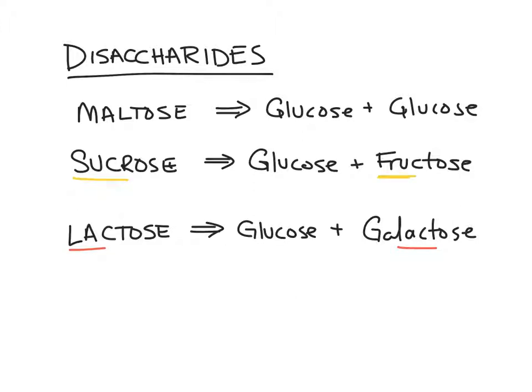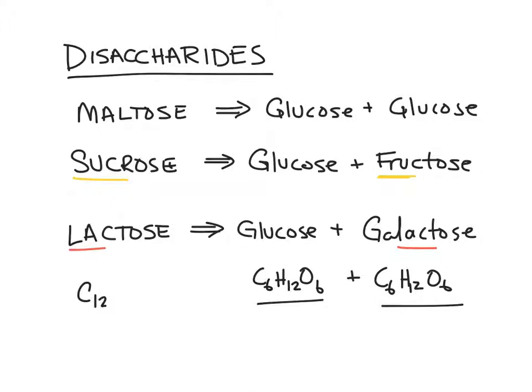Remember, all of the monomers are C6H12O6. So if I wrote it as this, you wouldn't be able to tell what was produced because you don't know if it's glucose or galactose, because they're isomers of each other, correct? So lactose, sucrose, and maltose all have the same chemical formula, and that would be C12H22O11.